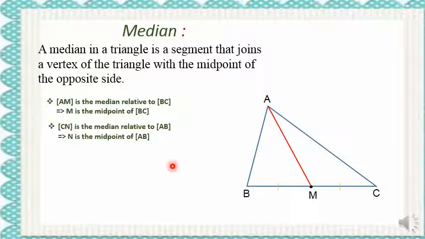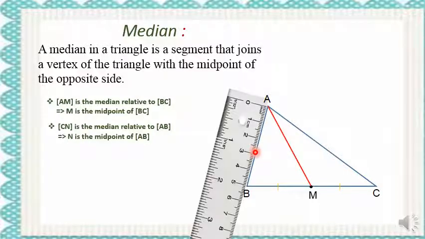Second, CN is the median relative to AB. CN is issued from C to the opposite side, which is AB. AB is the opposite side of C. So N will be the midpoint of AB. Let's measure the length of AB.